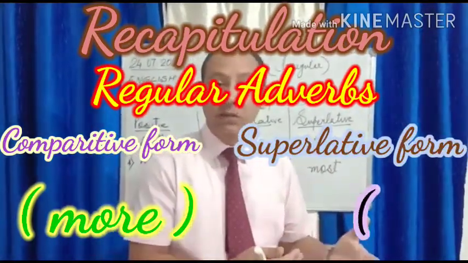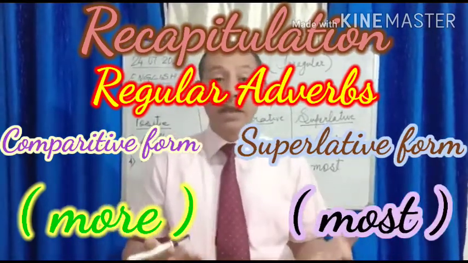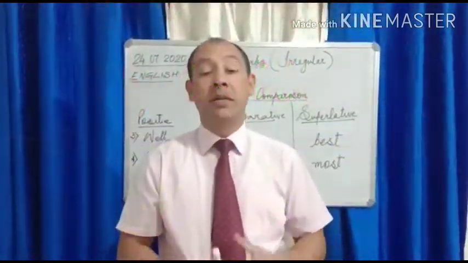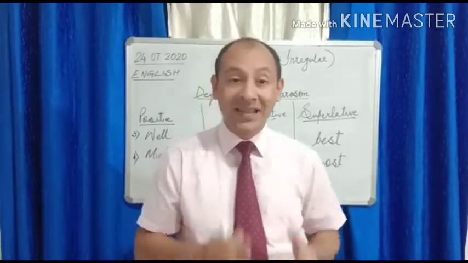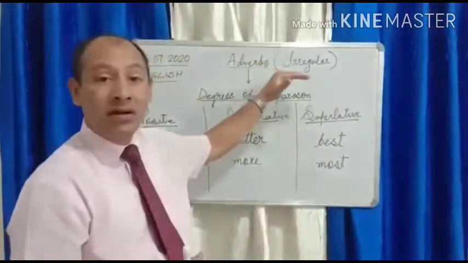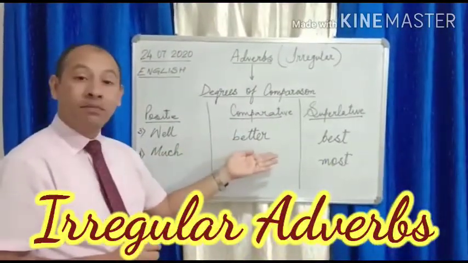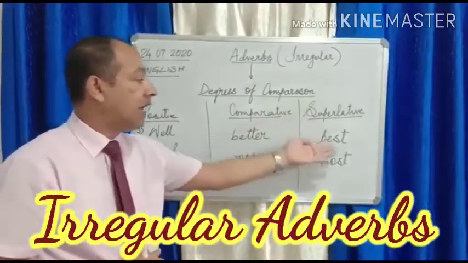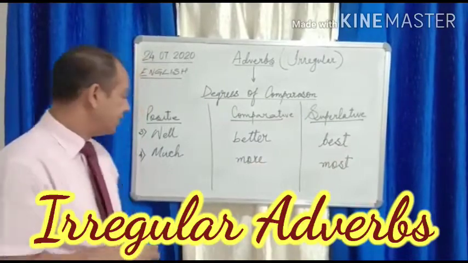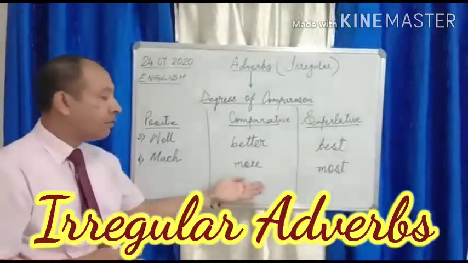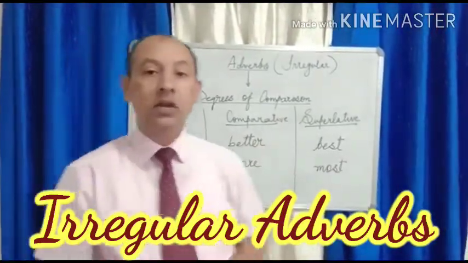So slowly was the positive, comparative became more slowly, and superlative became most slowly. And the third part was irregular adverbs. Example is there on the board. Well, comparative became better, and the superlative form is the best. Much, comparative form is more, superlative form is most.